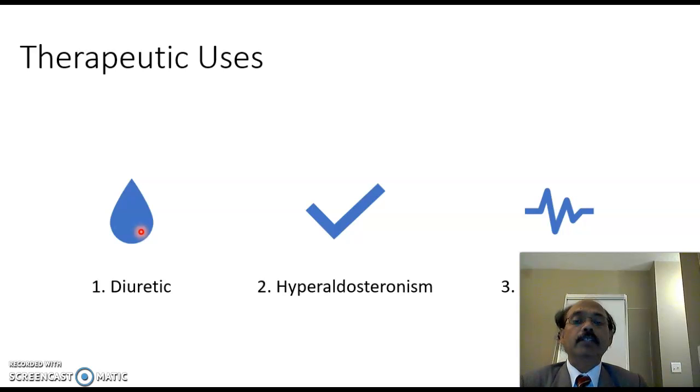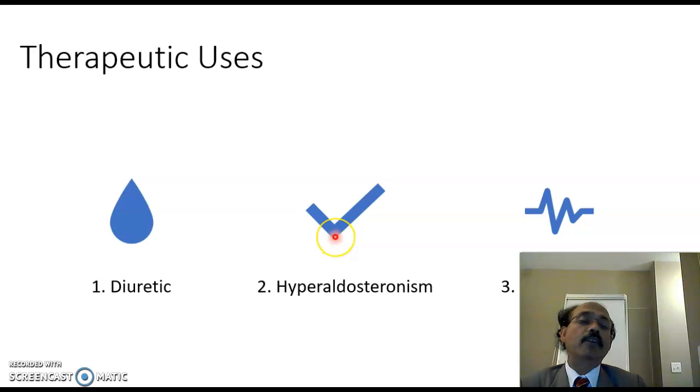It is used to manage hyperaldosteronism, which may be secondary or primary. Secondary hyperaldosteronism occurs in conditions like nephrotic syndrome, heart failure, cirrhosis of the liver, or renal artery stenosis.